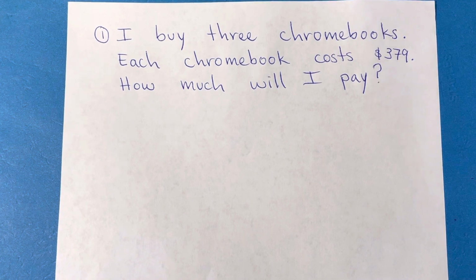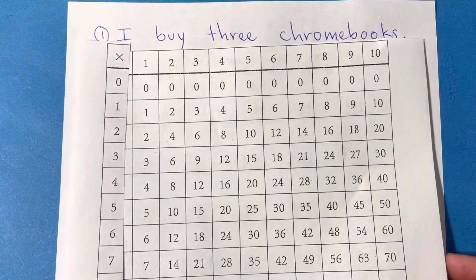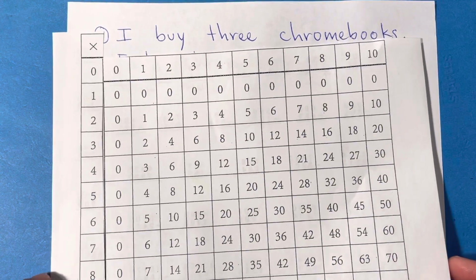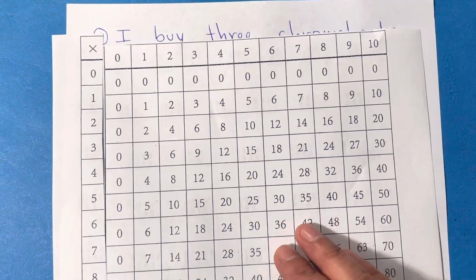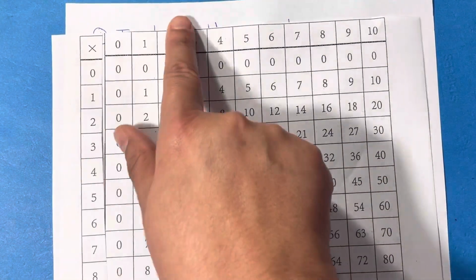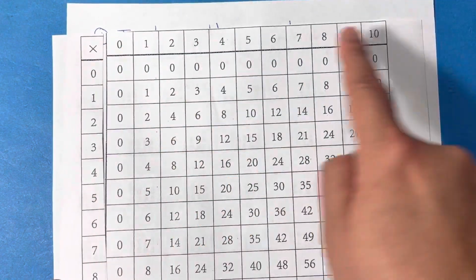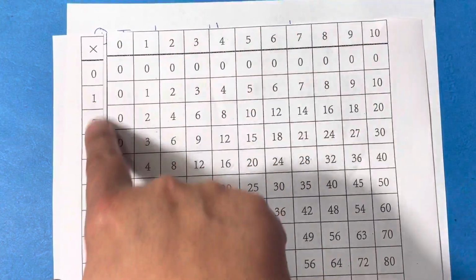Okay, so for now, if you feel that you need a times table, what I do is I print out a multiplication table, and it's usually like this. The times is on the top, you have the numbers, because that's what you're multiplying, 0, 1, 2, 3 times 0, 1, 2, 3.